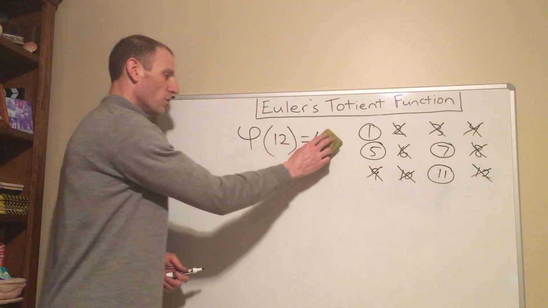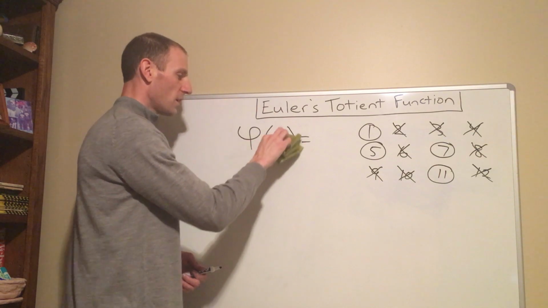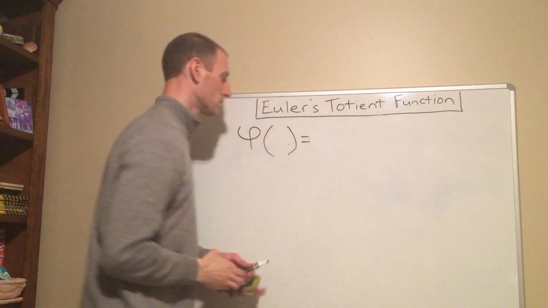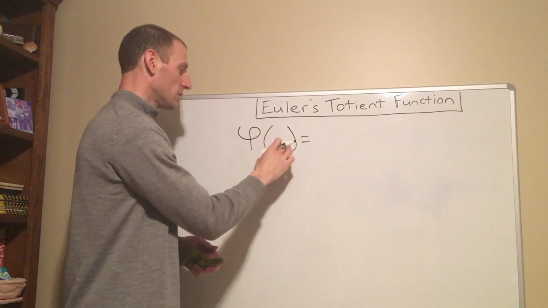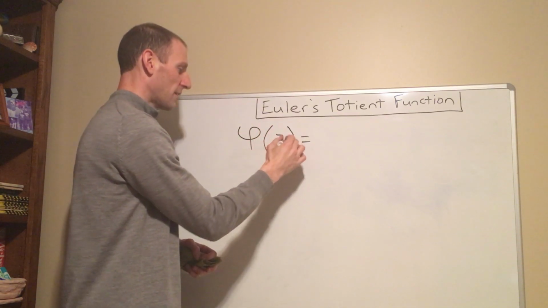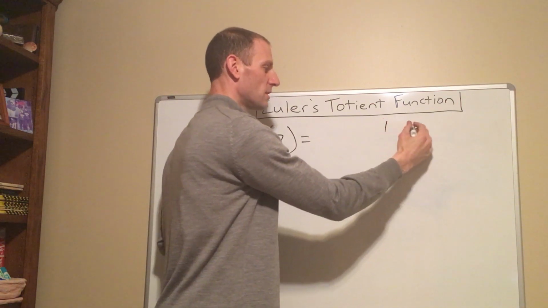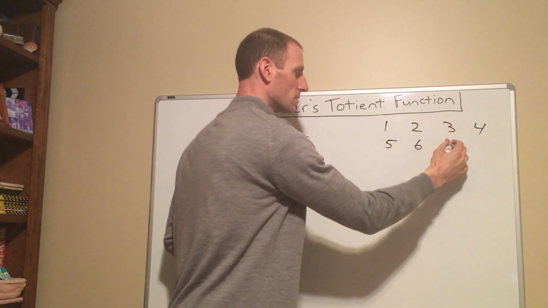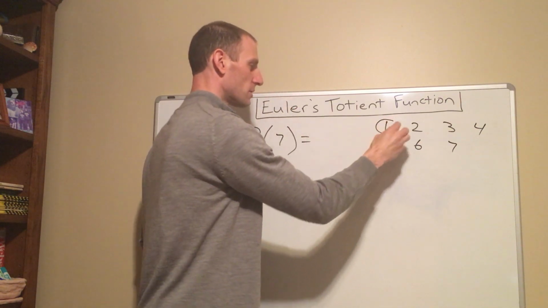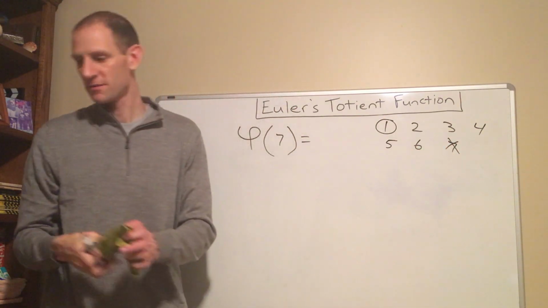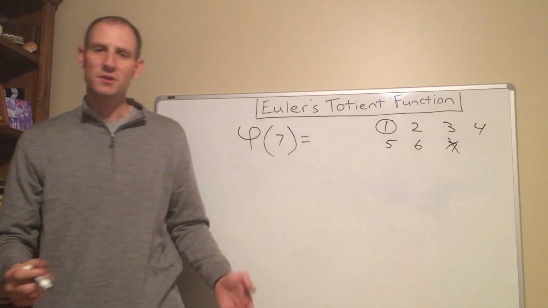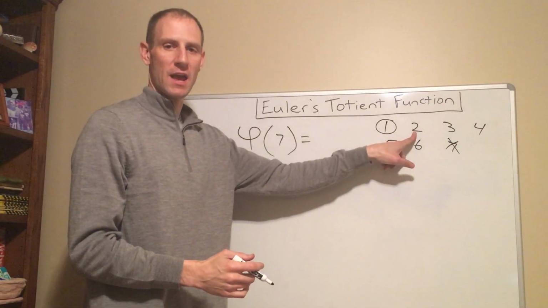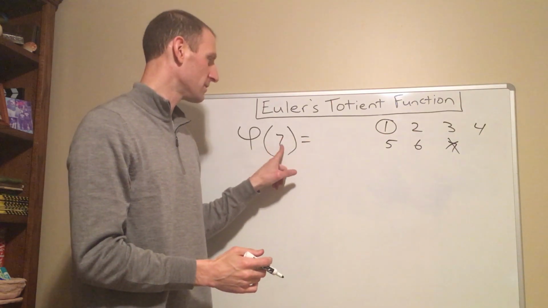Let's look at Euler's totient function of a prime number. Let's look at Euler's totient function of the prime number 7. So for this, we have to write the numbers 1 through 7. Circle the 1, cross off the 7. When you look at each number, does 2 share any factors with 7?